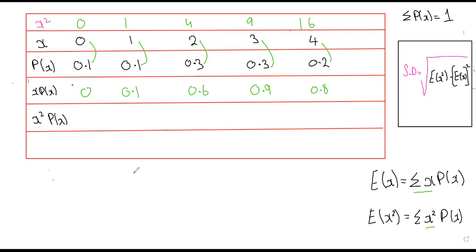And then x squared into p(x). So you'll be multiplying 0 with 0.1, 0.1, 0.1. Now 4 into 0.3 would give you 1.2. 9 into 0.3 would give you 2.7. And then this would give you 3.2.